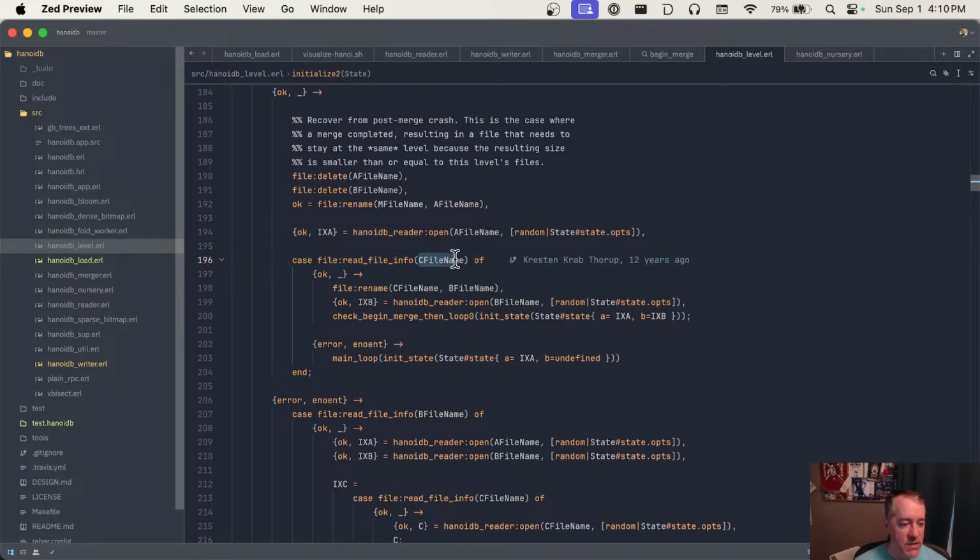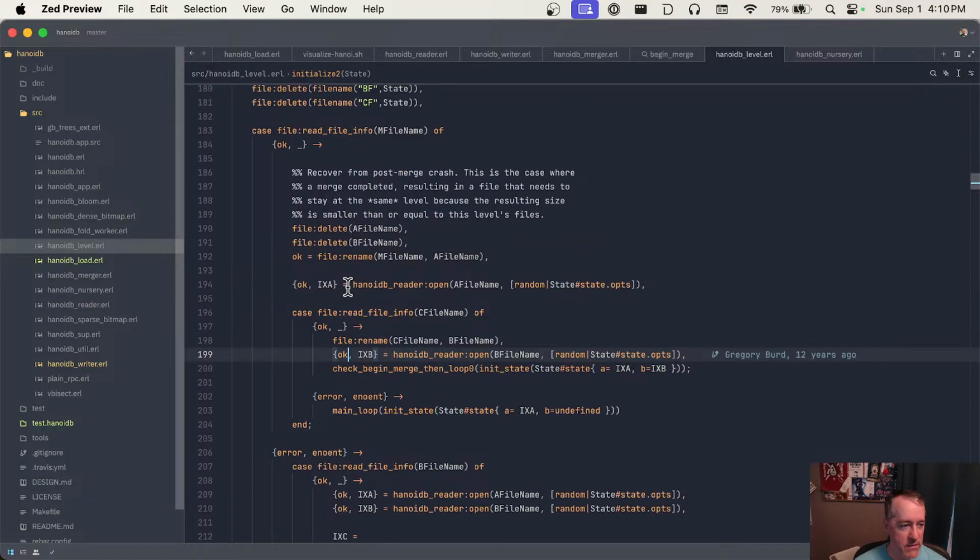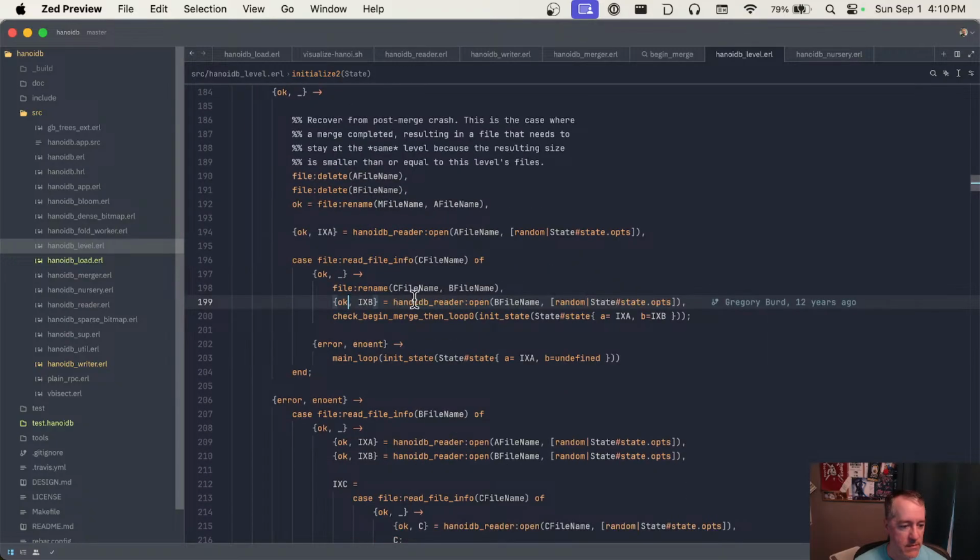And if there's a C file, then you rename that to B. And then you've got your A's and your B's for your readers. Okay, so then you check, do we need a merge? And then go into the loop. Otherwise, no merge, just loop.